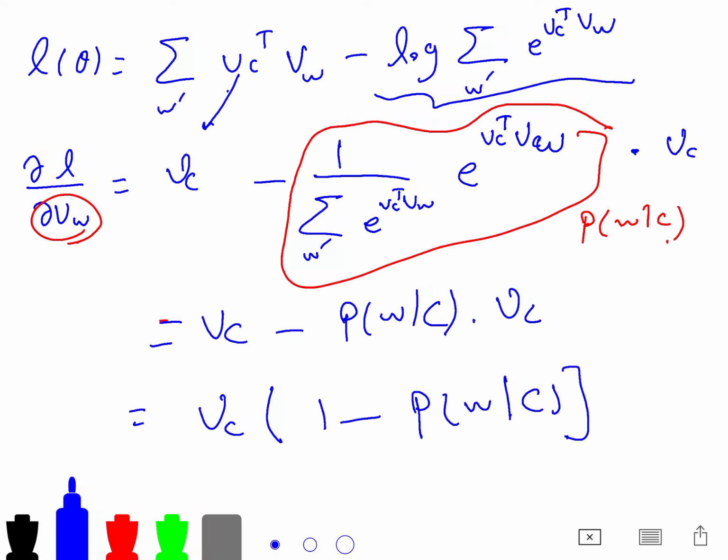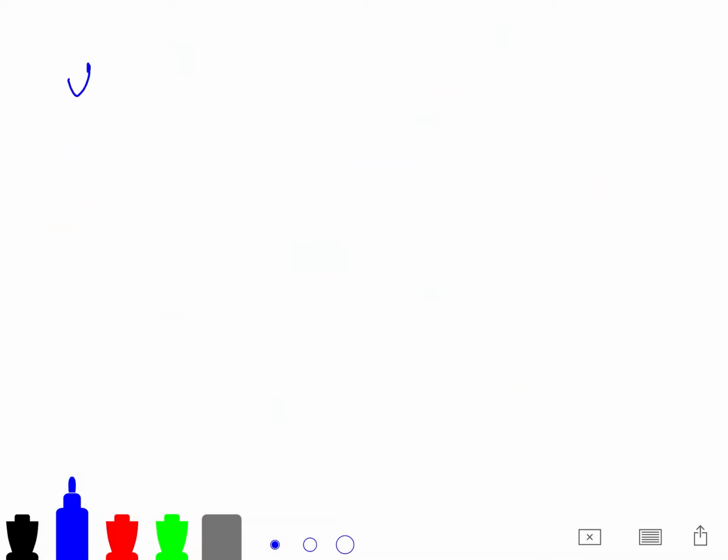And now you're ready for your beautiful gradient descent. So VW new is equal to VW old minus some coefficient, some step constant, and then your gradient. What is your gradient? We have just calculated that.